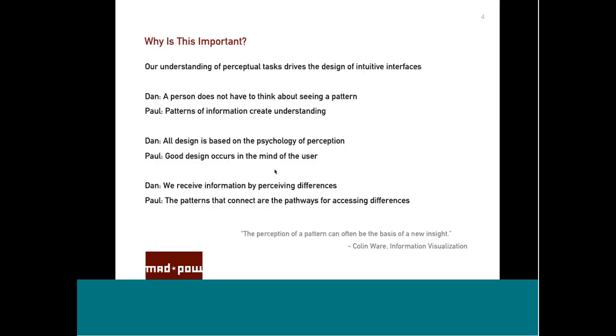And the more clearly we can recognize that the information that we're receiving is coming from this perception of differences, I think the better we become at being able to design for the user. And in his seminal book, Information Visualization, Colin Ware summarizes this very nicely in a single sentence: the perception of a pattern can often be the basis of a new insight. So we're change detectors, we're pattern seekers, and by seeing patterns in data and in interfaces, we can gain insights.